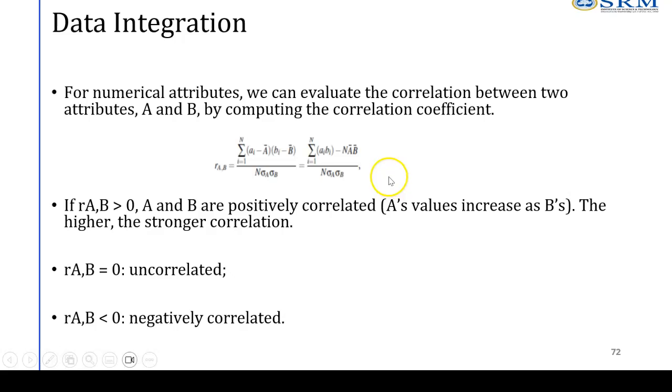So you should know which correlation coefficient can be used for categorical and which for numerical attributes.